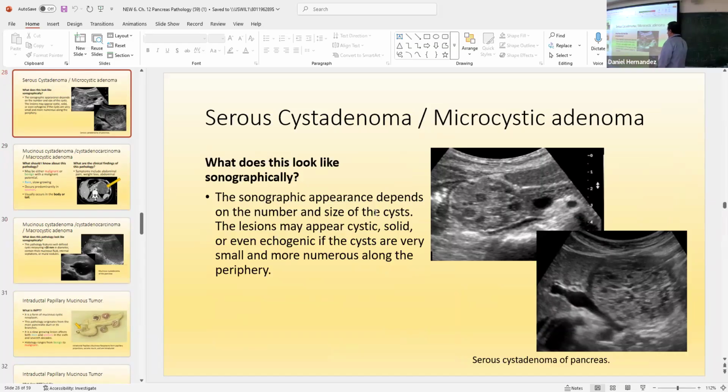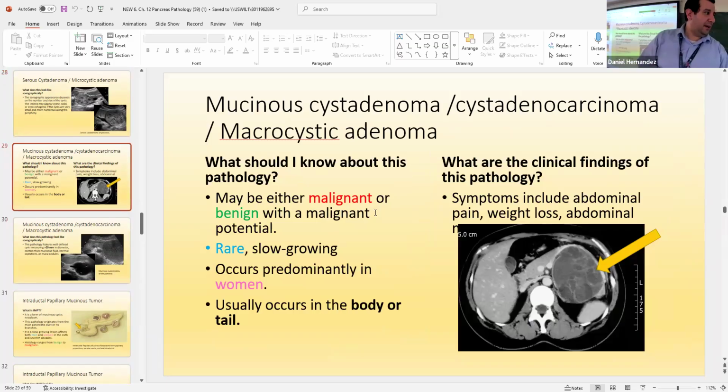So these tumors are comprised of multiple tiny little cysts, versus a mucinous cystadenoma, which is much larger. And then the cystic components will have these intestinal substations. Sometimes it'll make it look like it's comprised of larger individual cysts.